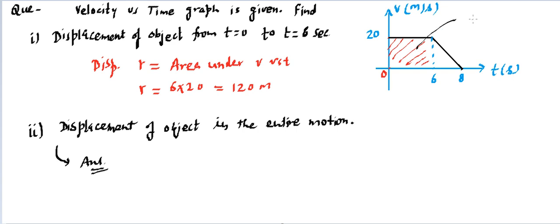This area is basically the integral of v dt from 0 to 6, and if somebody finds this value, we have calculated it, it's basically 120 meter. The point is, we are just trying to understand how to get this integration done and what this integration represents in terms of physics. Particularly in this example, velocity versus time, it is the displacement. Once you get this idea, then in physics I will simply say this is how the expression is indicated.